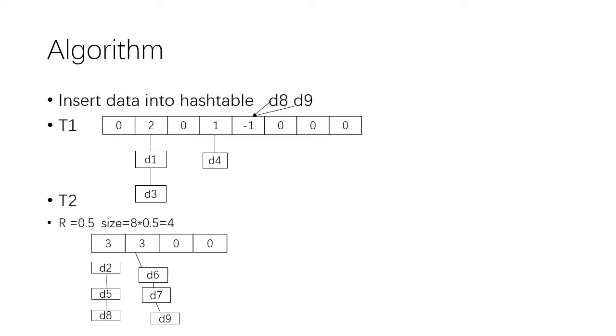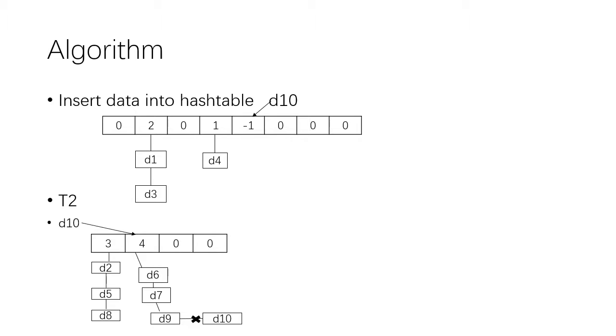So we cannot insert here. We go directly into T2. So we insert D8 and D9 in index 0 and index 1. So now we have 3 items in index 0 and 3 items in index 1 in T2. So we change the values to 3 and 3.